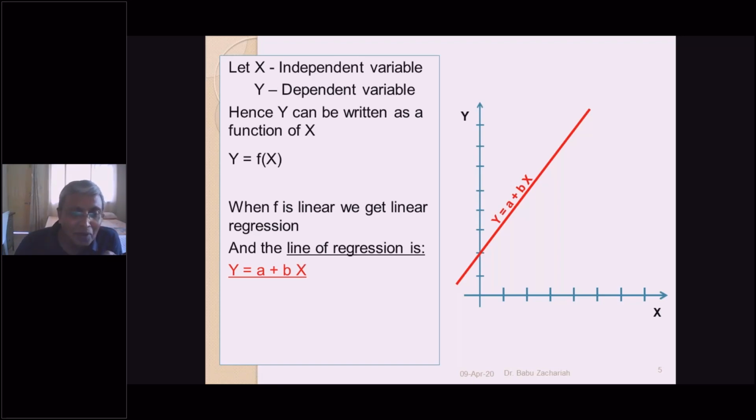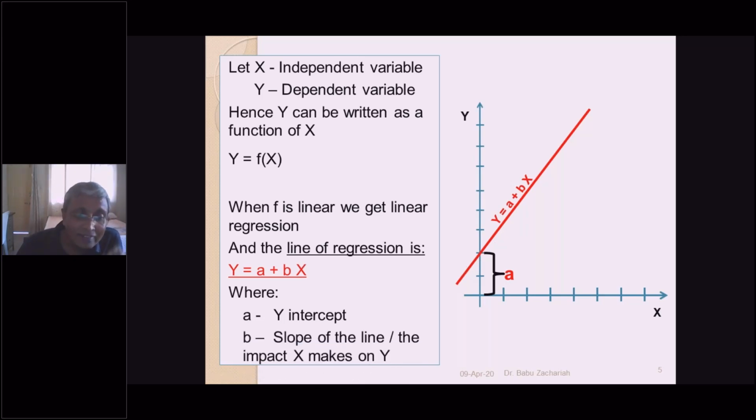Okay, so a is called the y-intercept. Which means, when x is equal to 0, bx will be 0, so y will be equal to a. That means at x is equal to 0, the height of this line will be a. So this is called the y-intercept, where the line cuts the y-axis.